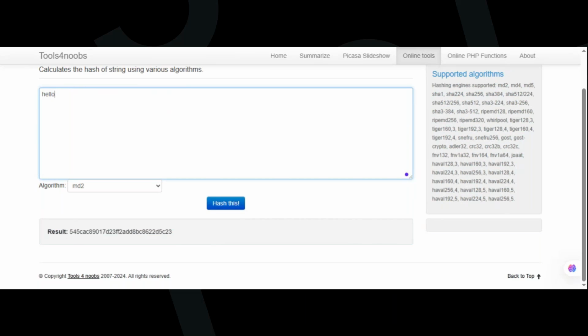And first, see what the hash is starting from. It is starting from 545 and ending with 5C23. Let me put a dot here and see the result. See, it's totally changed just by adding a dot there. So that is why we use hashing to prevent the lack of integrity.